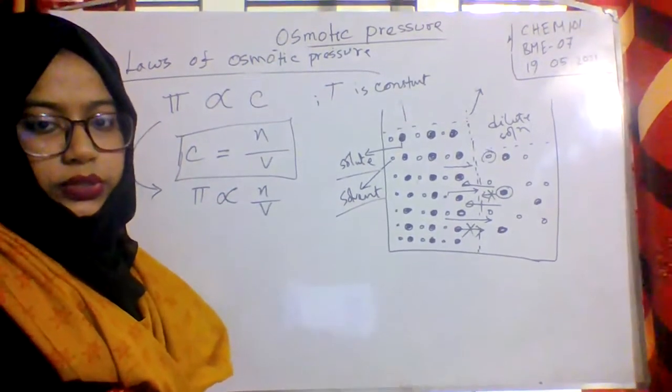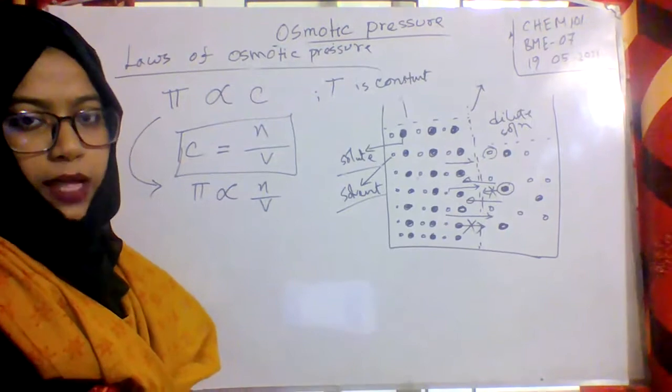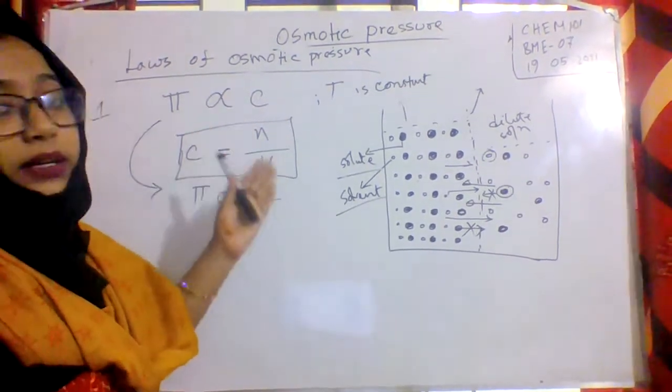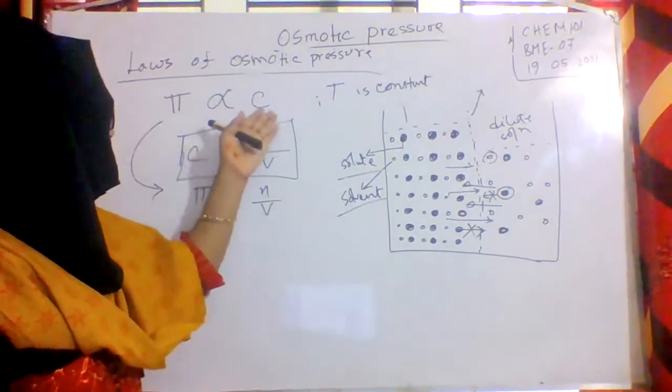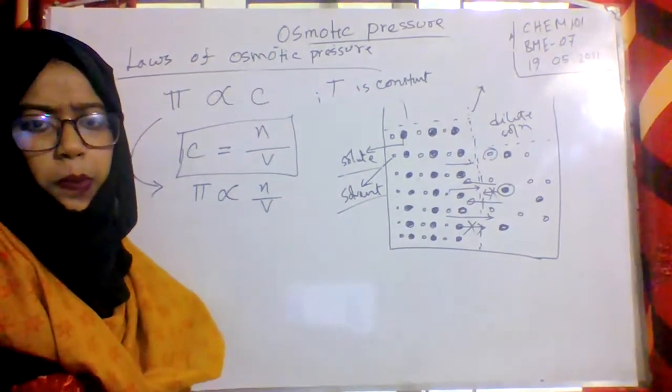So number 2 is osmotic pressure is proportional to the temperature. So why is osmotic pressure proportional to the concentration?